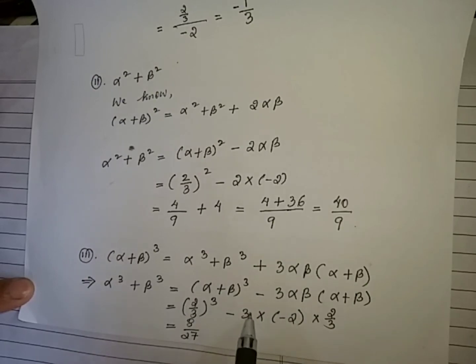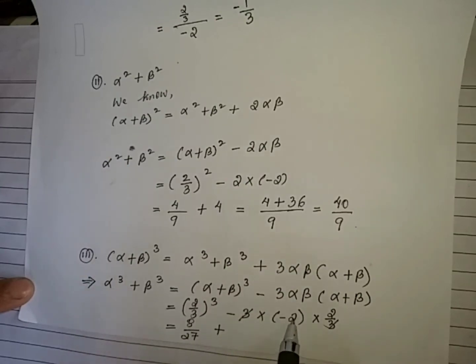Then let's cancel this 3 and this 3. Then what we have is minus into minus, it becomes plus, 2 into 2, 4.